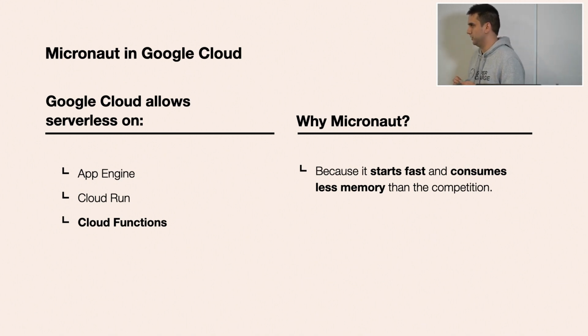As I mentioned, we have 26 already in a small project. Also, we tried out Micronaut because it's fast and consumes less memory than the competition, and it was easy to transfer from Spring to Micronaut. It was just this.